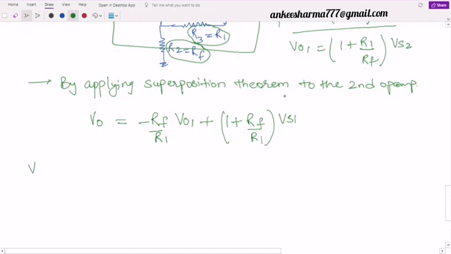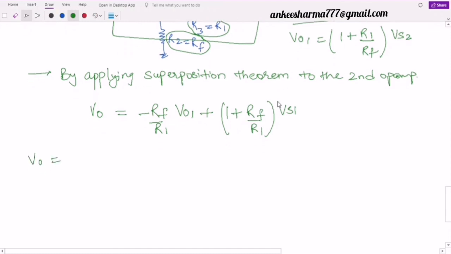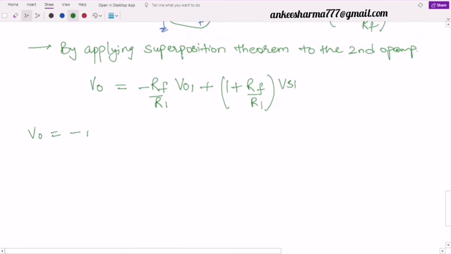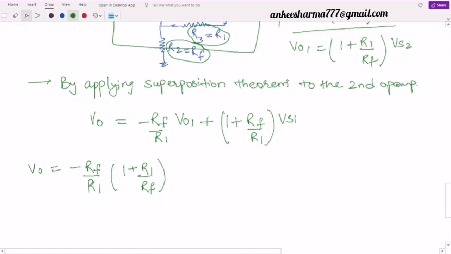I will get V0 equal to minus RF by R1 as it is, into, in place of V01 I will substitute 1 plus R1 by RF into, what was the input voltage? It was VS2, into VS2 plus 1 plus RF by R1 of VS1.